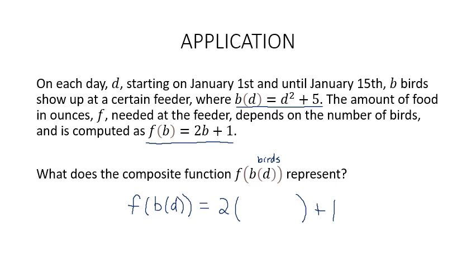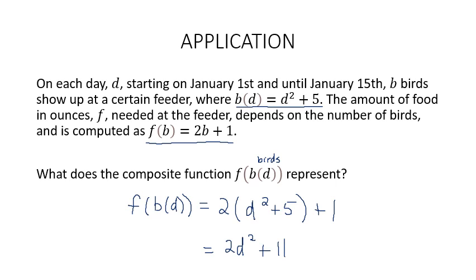And b of d is defined as d squared plus 5. So this is 2 times d squared plus 10 plus 1. So it's 2 times d squared plus 11.